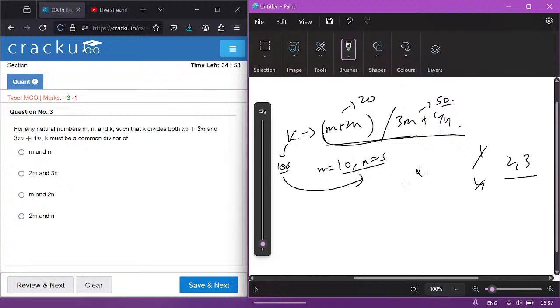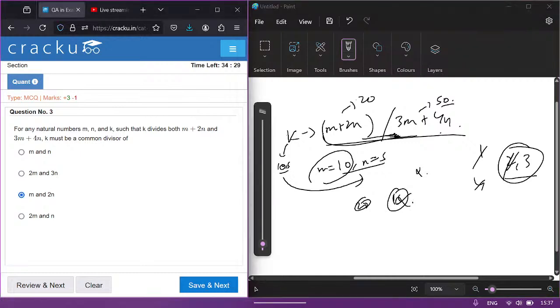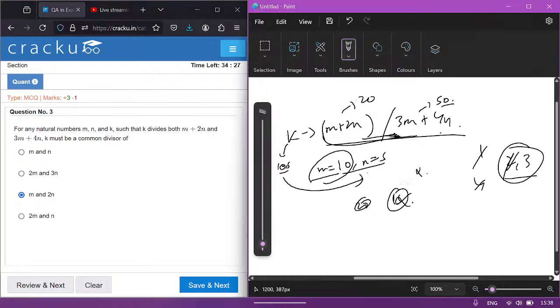In this case, yes, 2 and 3 are left, and then it should also divide m. It is dividing 2m, 20. It is dividing 15? No, so option 2 is also gone. So we have option 3 because we have assumed values m is equal to 10, n is equal to 5, k is equal to 10, and we have just eliminated our options.